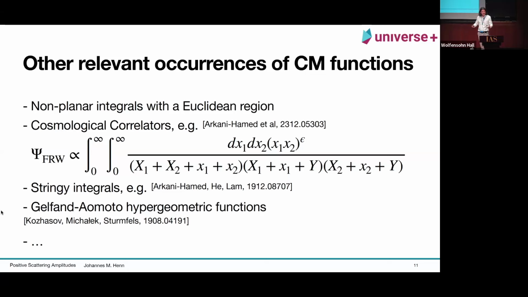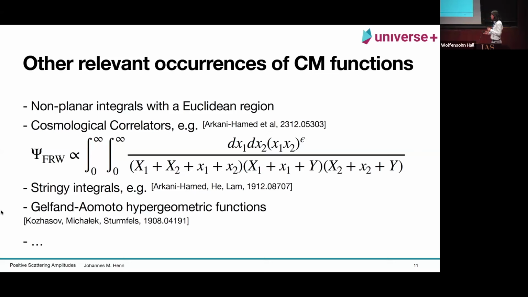But again, it's not trivial at all if you look at the integrated answers. I already mentioned that, so my example was a planar Feynman integral. So it's true for all scalar planar Feynman integrals. It's also true for non-planar integrals that have a Euclidean region, which is the case when you have sufficiently general kinematics. And then you can see this property in stringy integrals.